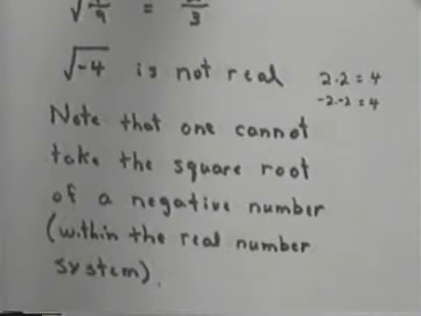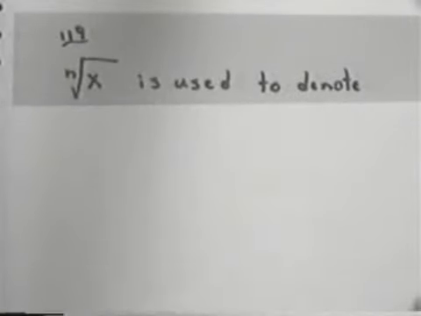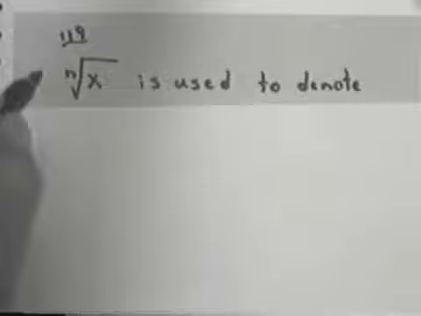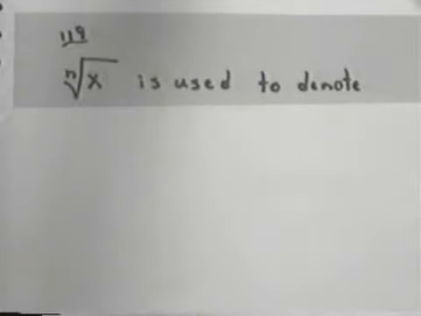Now let's generalize the notation from square roots to any number of roots. This symbol, the nth root of x, and notice the n is inside the little v there. So note the n is inside the little v.